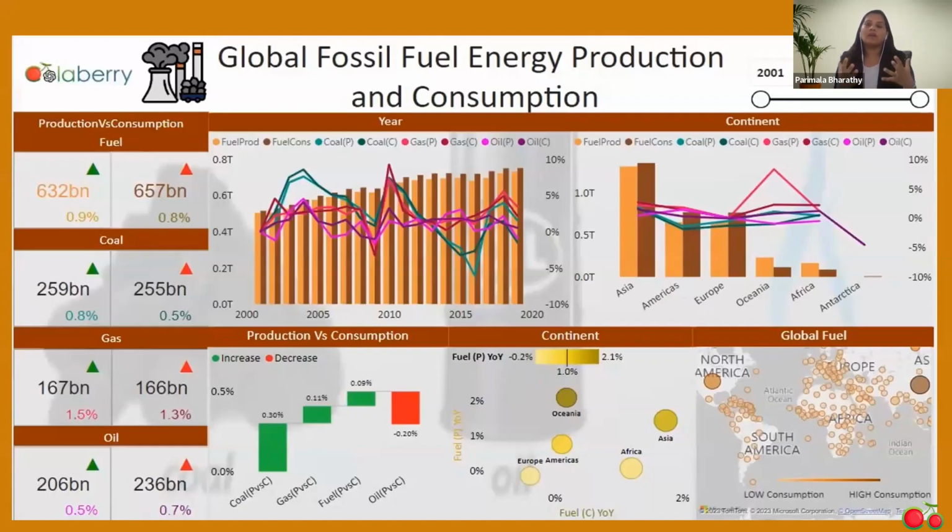This report provides an overview of global fossil fuel energy production and consumption. As per this report, the top five producers of fossil fuel energy are China, United States, Russia, Saudi Arabia, and India, whereas the top five consumers are China, United States, Russia, India, and Japan.